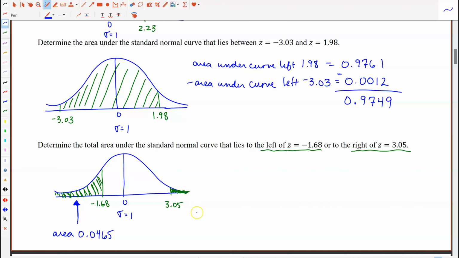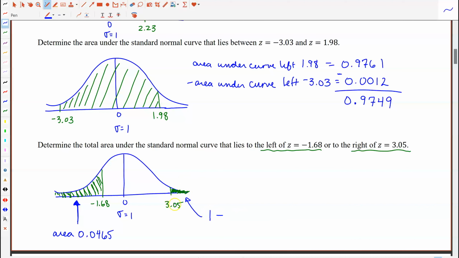Now that's just the area over here in this left region. Let's also find the area over here in this right region. Now if you go back up to the previous problem where we had to find the area to the right, remember how we did that is because our table can only give us area to the left, and I know the area under the whole thing is 1. To find this area to the right, it's going to be 1 minus whatever this area is over here to the left.